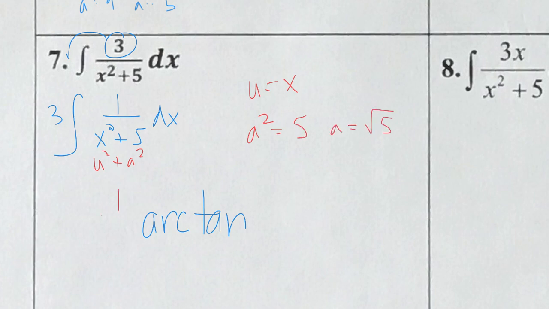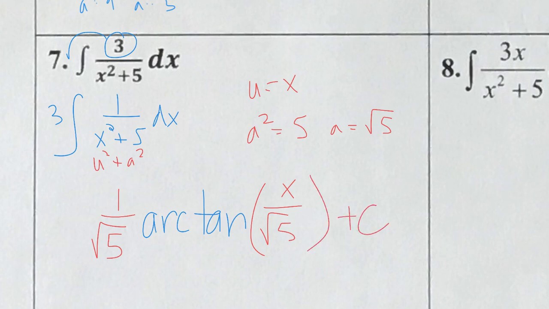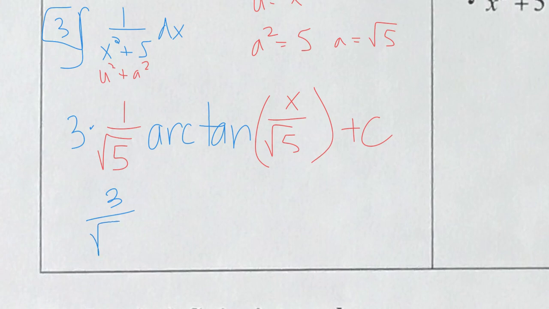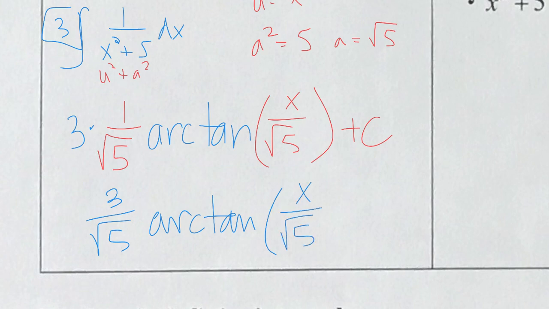So I have 1 over root 5, and I have x over root 5, plus c. Don't forget we're multiplying all of this by 3, because of the 3 out front. So we have 3 over root 5 arctan of x over root 5, plus c.